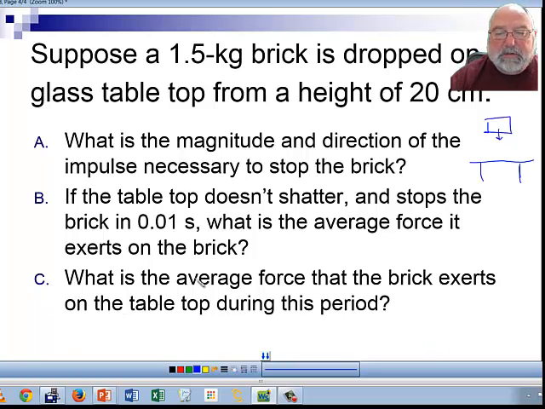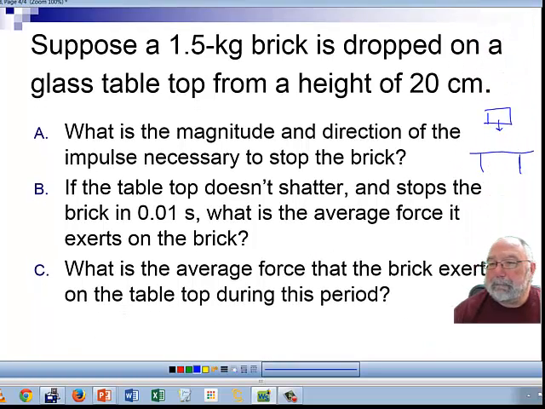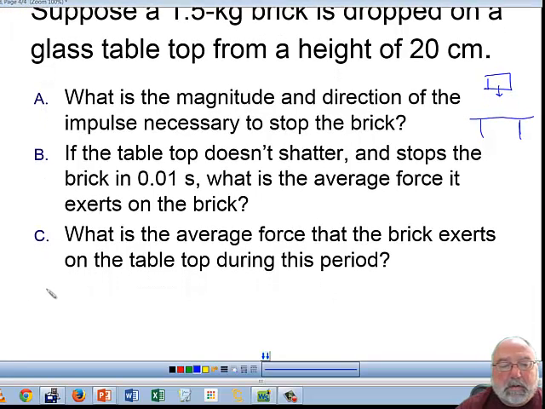Impulse is equal to force times the period of time. Well, we weren't given anything about forces or times. Well, impulse is also equal to the change in momentum, which is m times delta v. We have a mass, but I don't have the velocity.